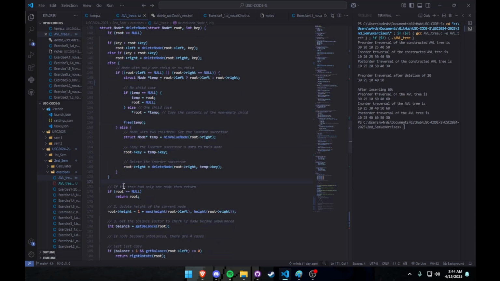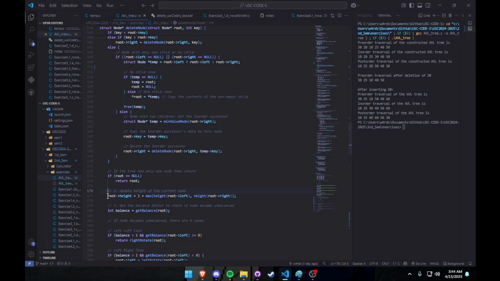This is the same thing. If the tree had only one node, then return. And then second, update the height of the current node. Now remember, everything's switched up because you erased that one, so everyone's height is now different. Now get the balance factor to check if the node became unbalanced.